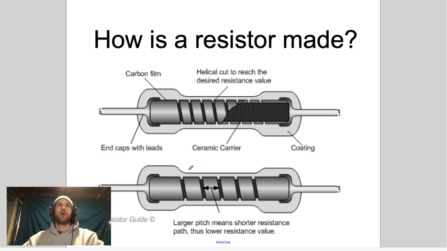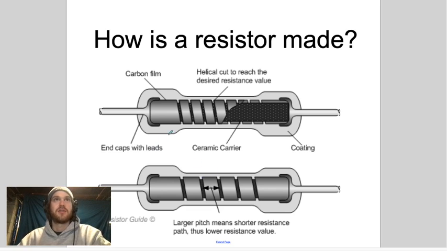First of all, what is it? Well, it turns out there are many, many kinds of resistors. There are carbon film resistors, metal oxide resistors, and lots of different ways to make them.